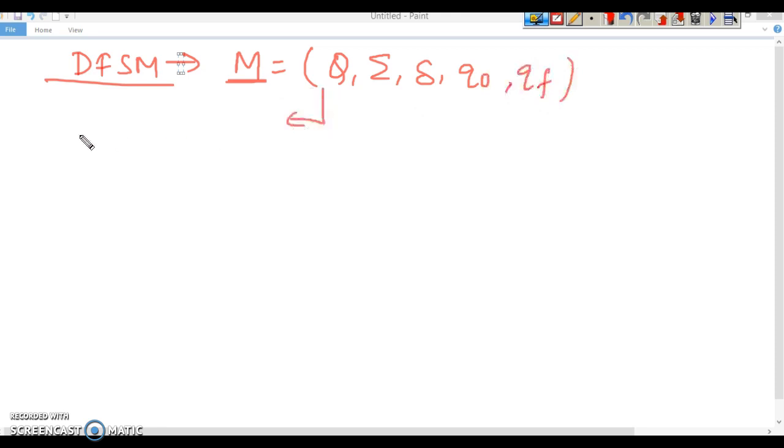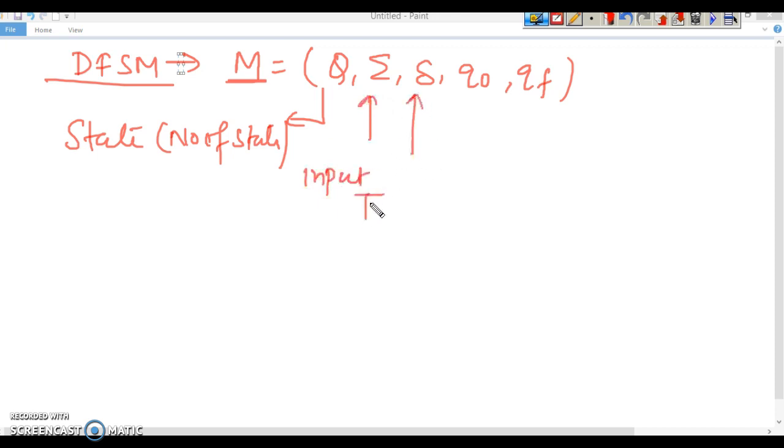Q stands for states: the states you are using to design this machine are represented as Q. Sigma is the input. Delta is your transition. Q0 is the start state. And QF is the final state. This has the 5 tuples.